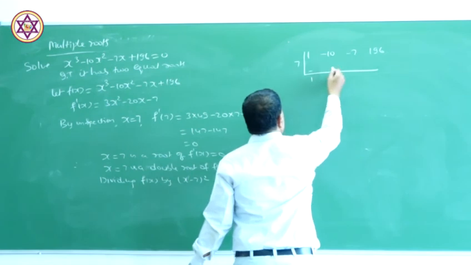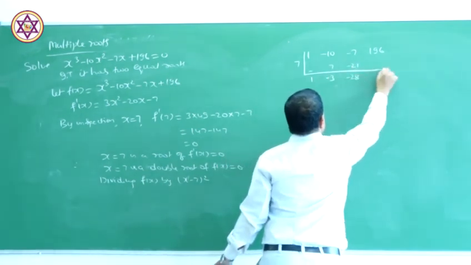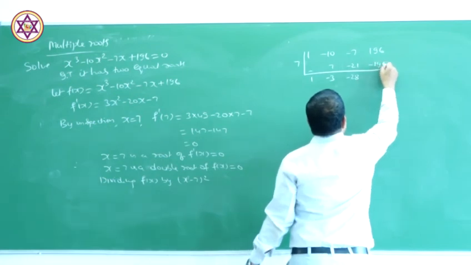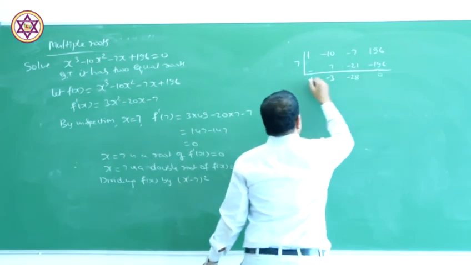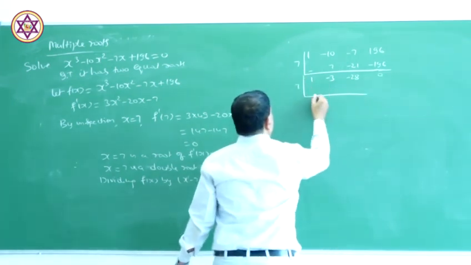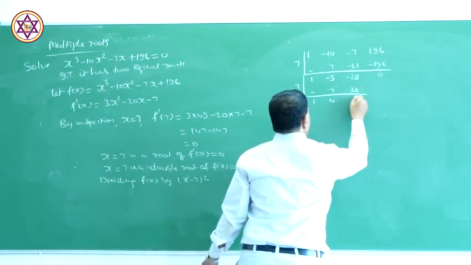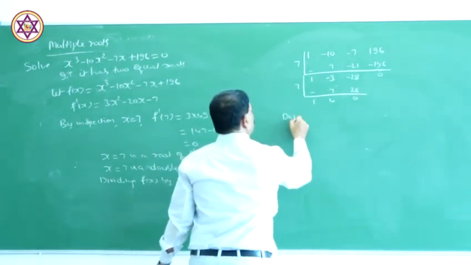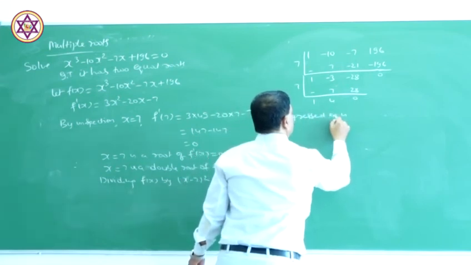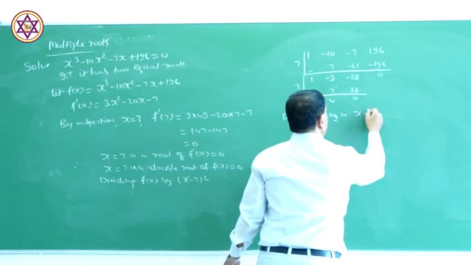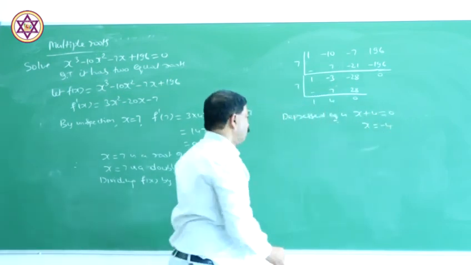First term write down as it is, 1 into 7, 7, -21, -28, we get 196, 0. Next 1, so 4, 28, 0. So, the depressed equation is x + 4 = 0, x = -4.